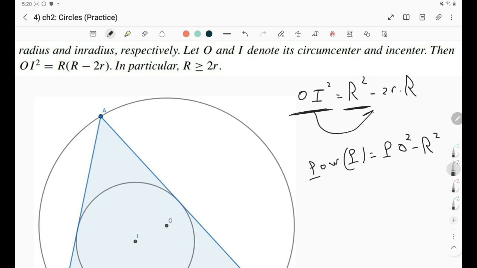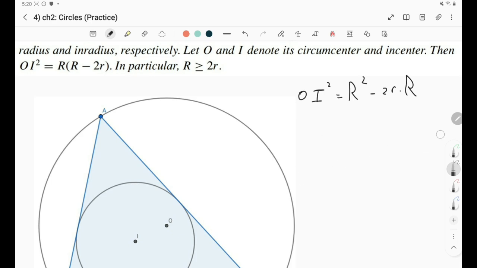So let's just move that thing here and move that thing there and try to form this into a power of a point. If you just rearrange, we're going to have here 2 small r, capital R, equal to capital R squared minus OI squared. And what does this thing represent?